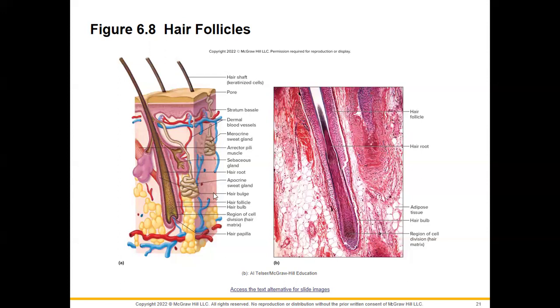You also have nerves, nerve endings, and deep to that, you start getting more and more adipose tissue as you move into the subcutaneous layer.